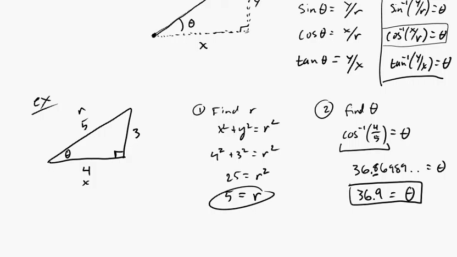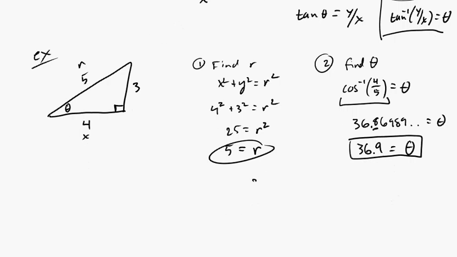Okay, now the last thing here, number 3, that we would want to do, we're going to throw a little beta up here and say find beta. Now one other thing you really need to know about triangles, if you add the angles up, and there are 3 of them here, this box means 90, this we know is 36.9, and we don't know this, they should all equal 180 in the end.